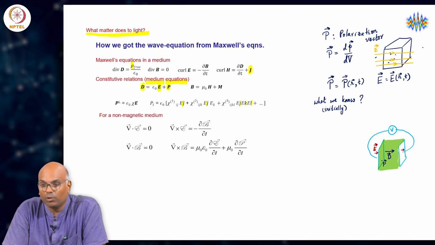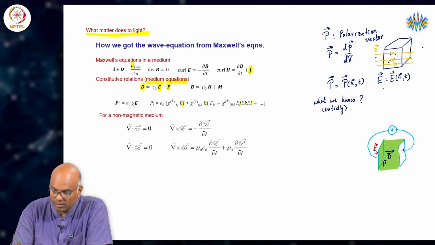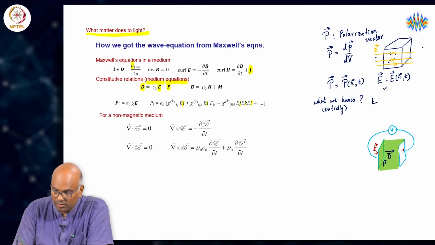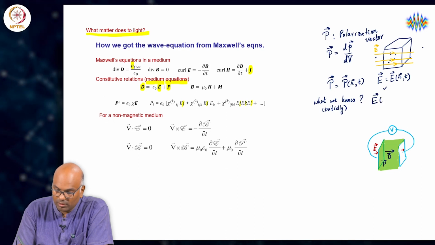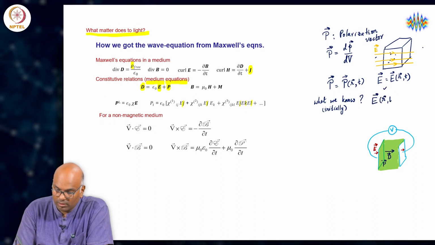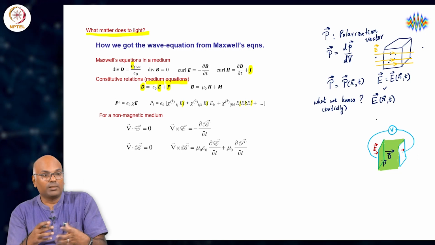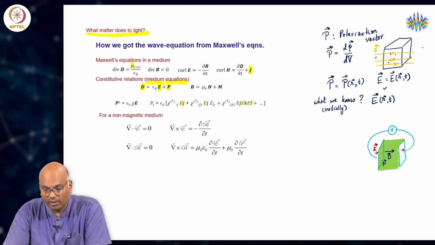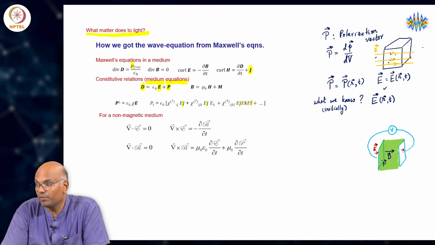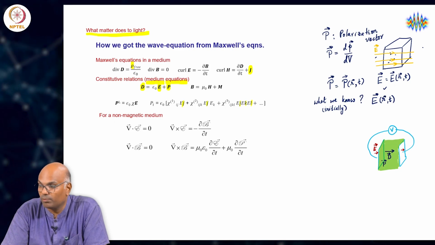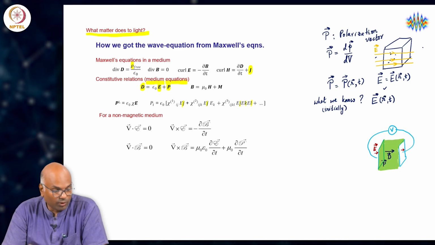So, now what we know is E, it is in this sense that E is the primary field, and we do not know P. So, how do we solve the problem or close the loop, as I am fond of saying.